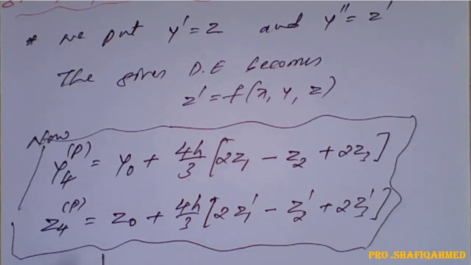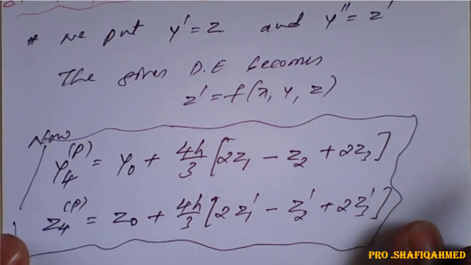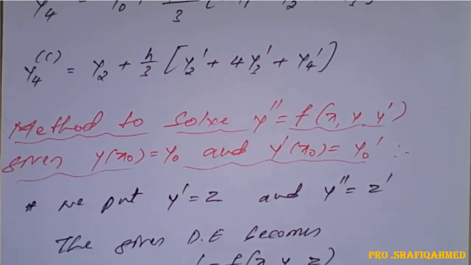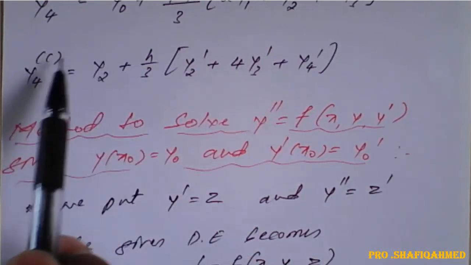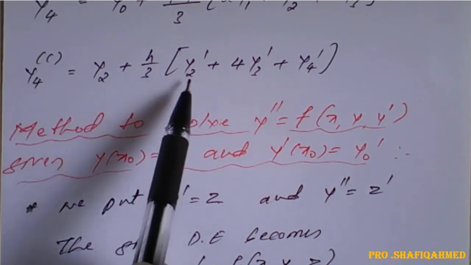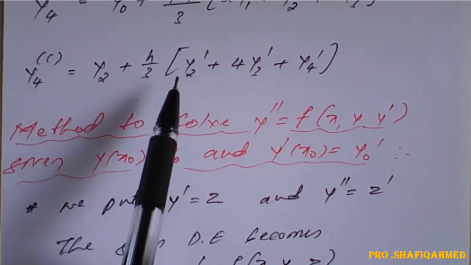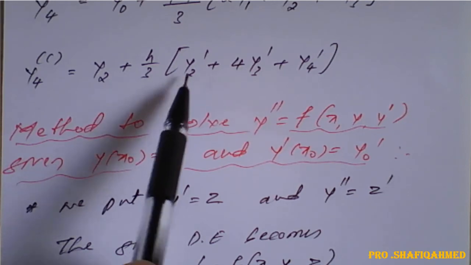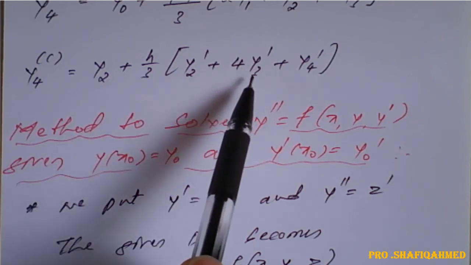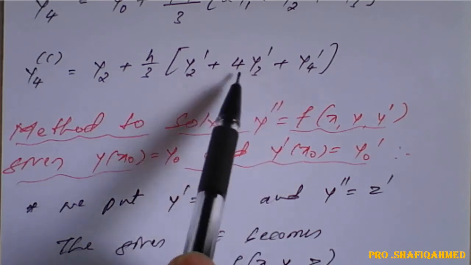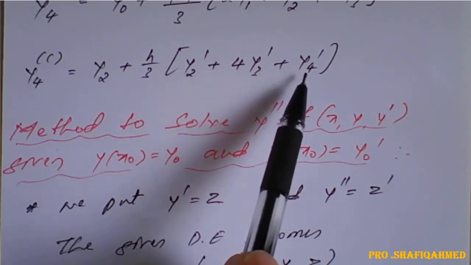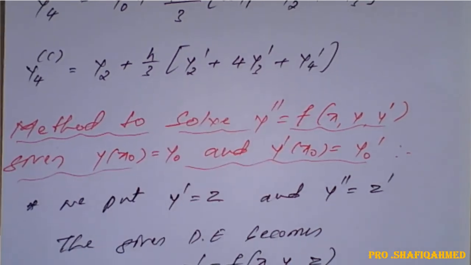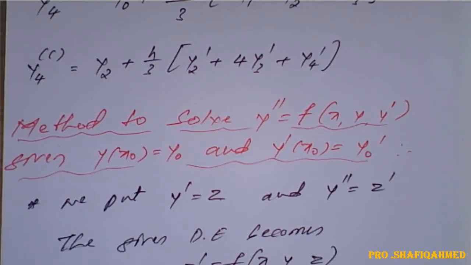Once we have the predictor values, we need to compute the corrector also. To form the corrector formula, we use the corrector formula and replace all y dash by z. So y2 dash becomes z2, 4 times y3 dash becomes 4 z3, and y4 dash becomes z4. So first derivatives are replaced by z.